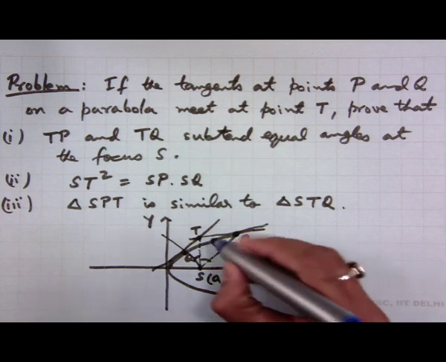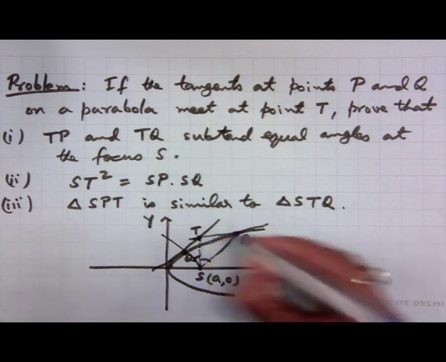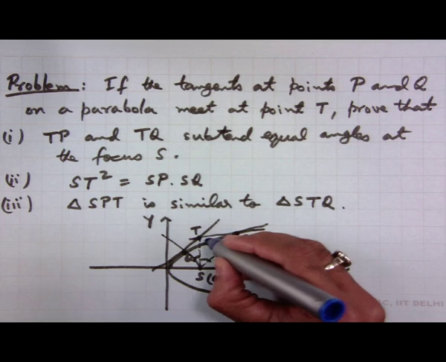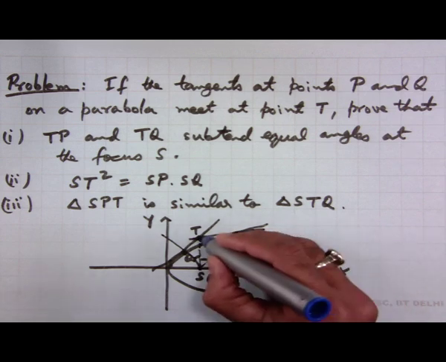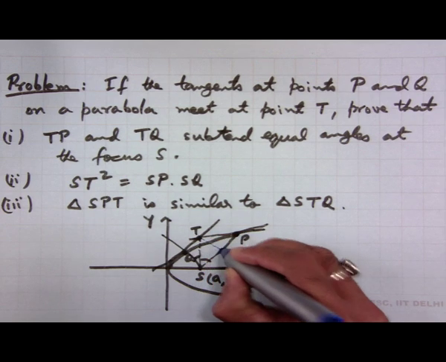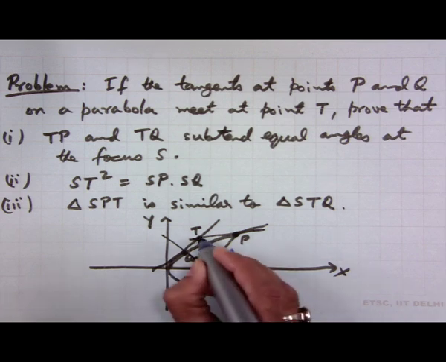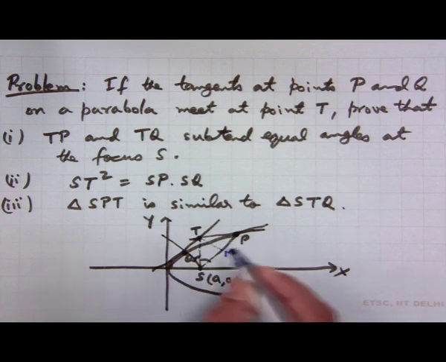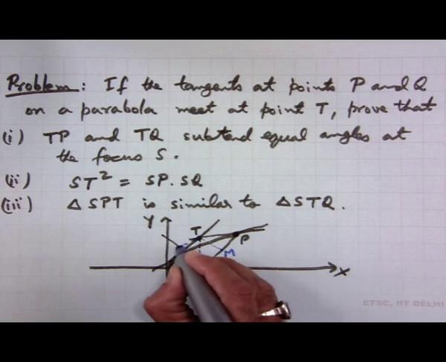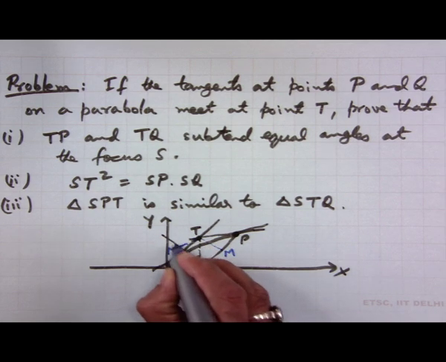Let us draw perpendiculars from T to the lines SP and SQ. Let us call this point M, and on TQ we have the perpendicular M dash.